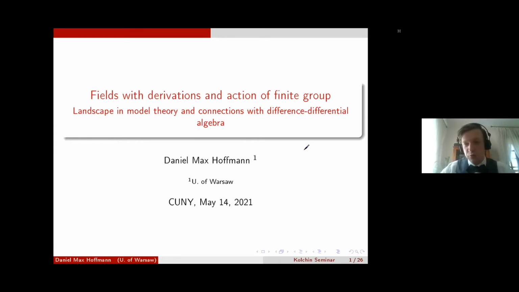And today I want to give you this mild introduction to algebraic model theory or model theoretic algebra, depending on the perspective, and then give you one example of a quite new theory, a theory where you have differential structure and difference structure at the same time.